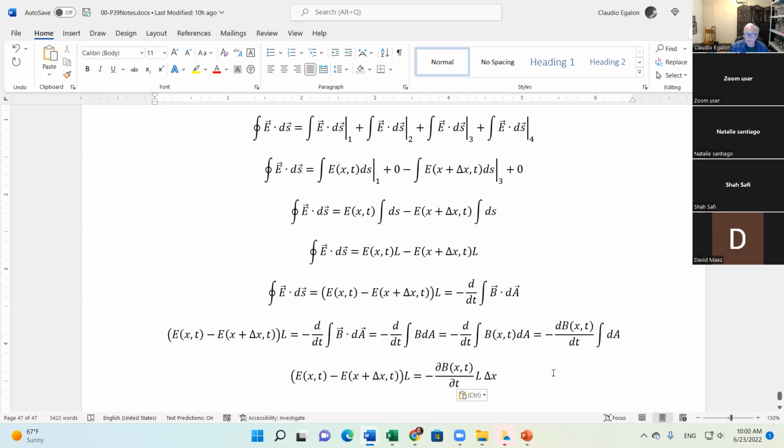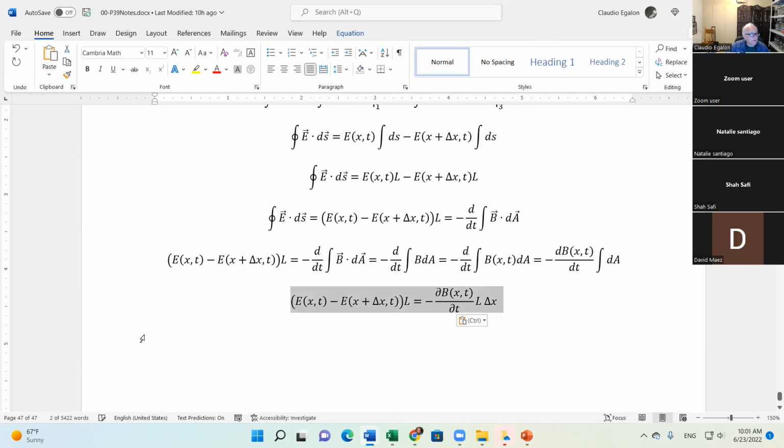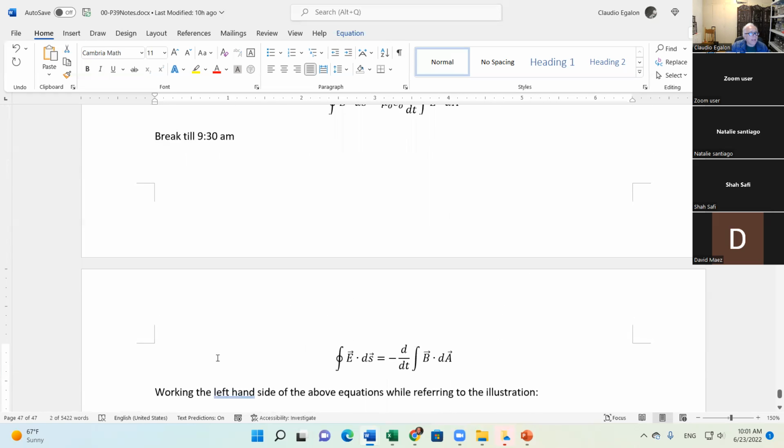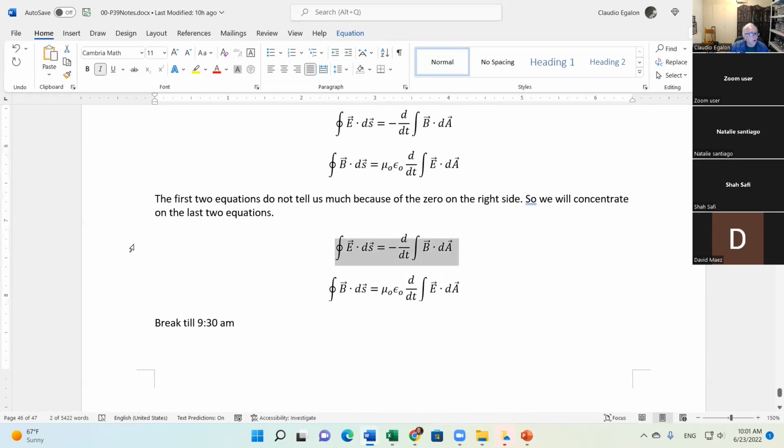And that's the equation you are getting, and that's what one of those integral equations leads us to. We're not done yet, because we have used only this integral equation. Now we have to use this other integral equation, and the procedure is very similar, but now we have to do it in terms of the B field.